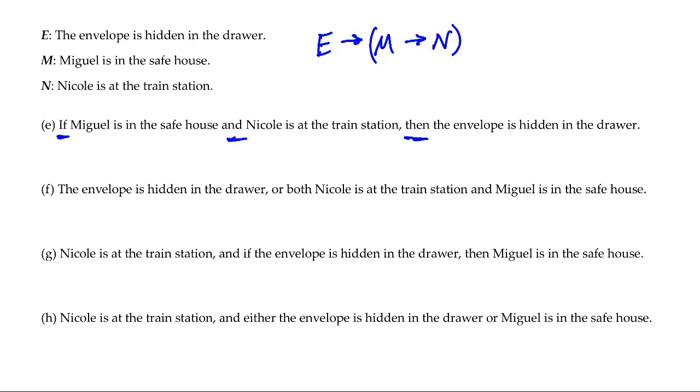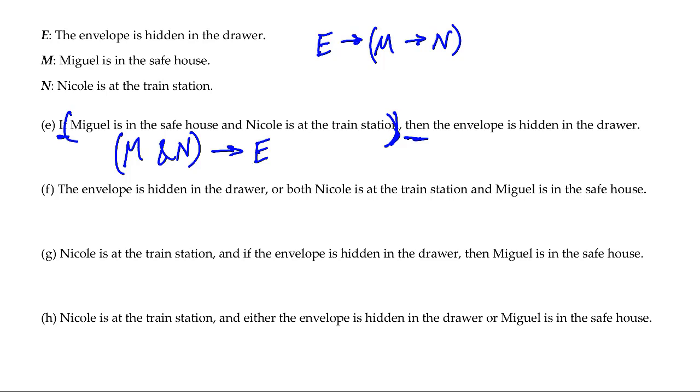There's really only one way to do this, and that's going to be to recognize that what's inside these parentheses is a conjunction, and then what's inside the parentheses is the antecedent of the conditional. M and N in parentheses, arrow E.